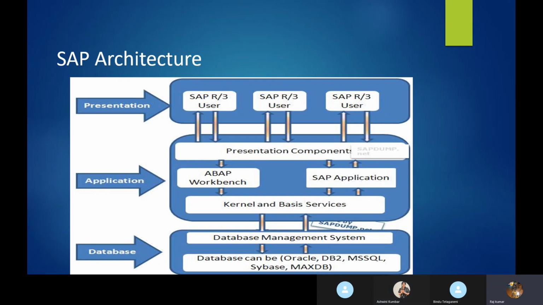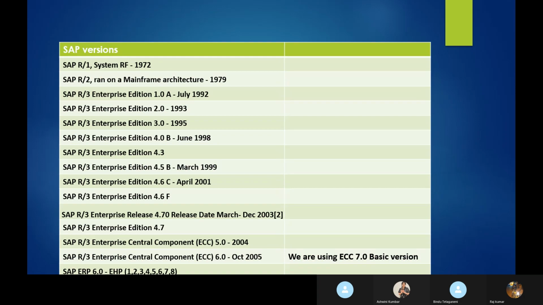Okay, fine. Now, coming to version. Write down, the current version of SAP is ECC 7.